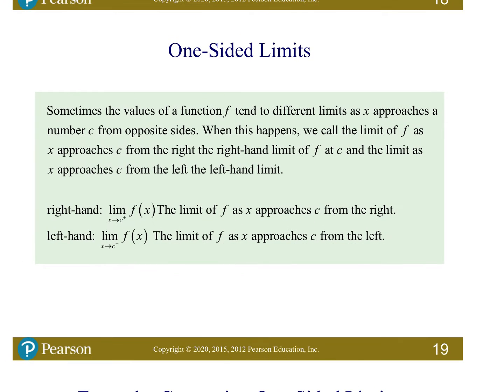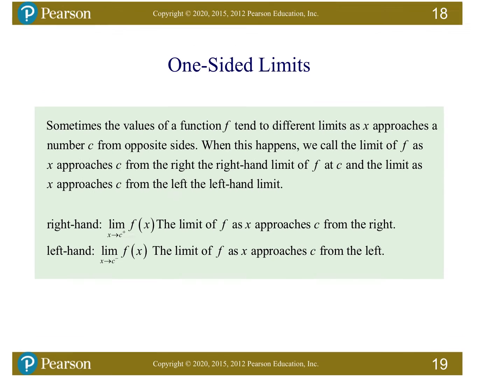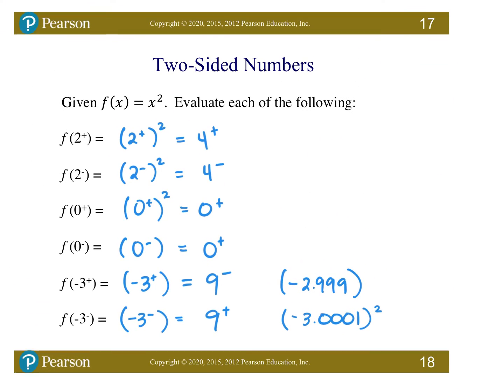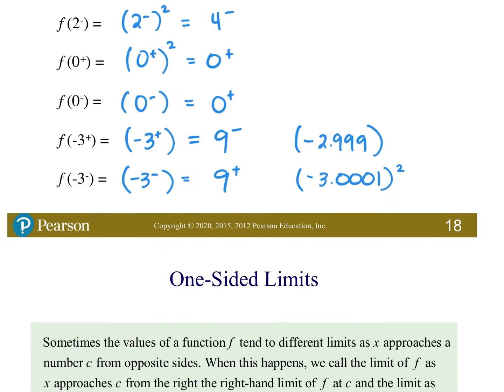All right, so understanding the two-sided values of numbers can help us understand what are called one-sided limits. And so you'll be looking at limits on one side of a number versus the other. And those can be different values depending on which side of the number you're on. Just like we saw here, you end up with different values depending on which side of the number you're starting on.